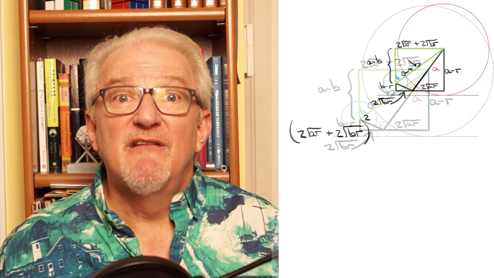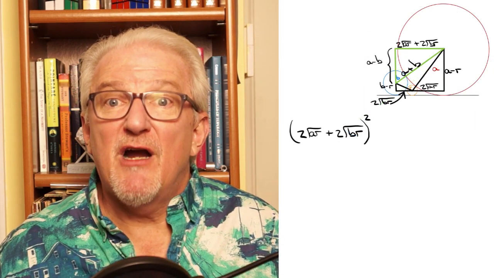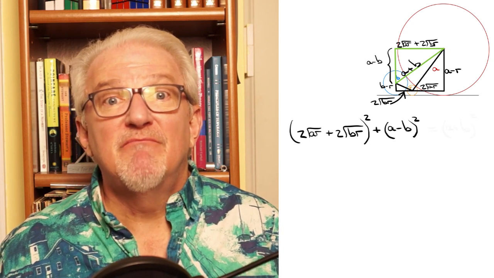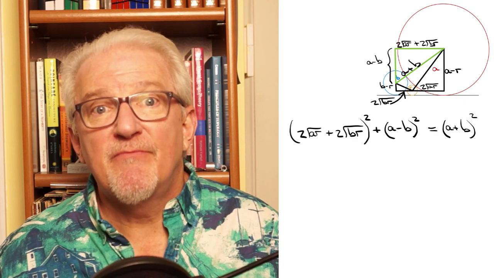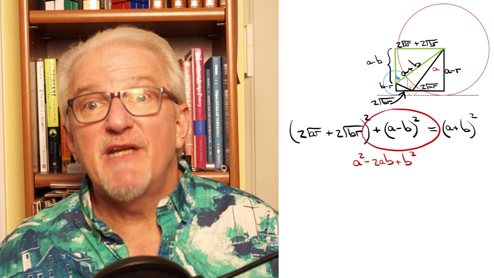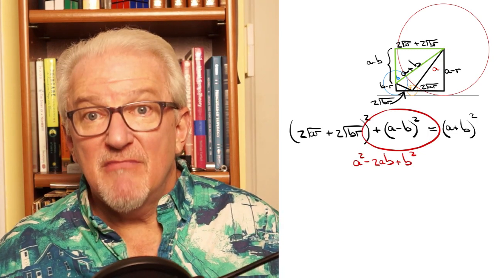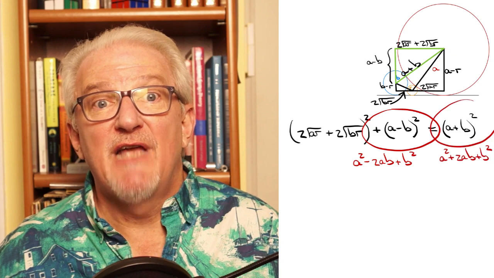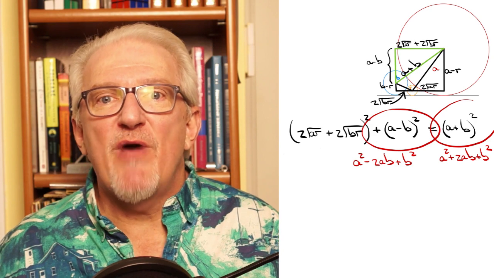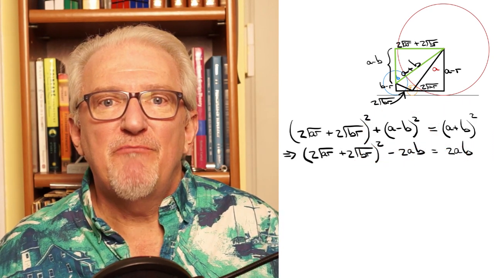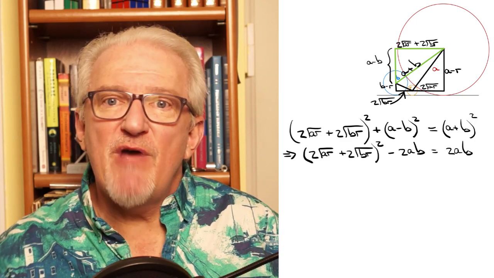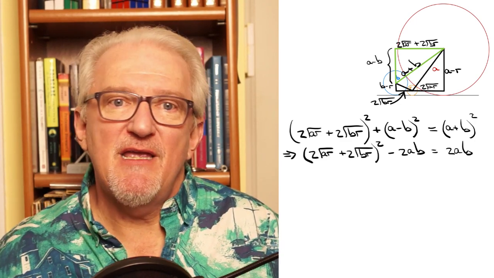It follows that the square of 2 root ar plus 2 root br, plus the square of a minus b, is equal to the square of a plus b. And recognizing that (a minus b) quantity squared is equal to a squared minus 2ab plus b squared, and that (a plus b) quantity squared is equal to a squared plus 2ab plus b squared, we can rewrite this equation as (2 root ar plus 2 root br) quantity squared minus 2ab equals 2ab.